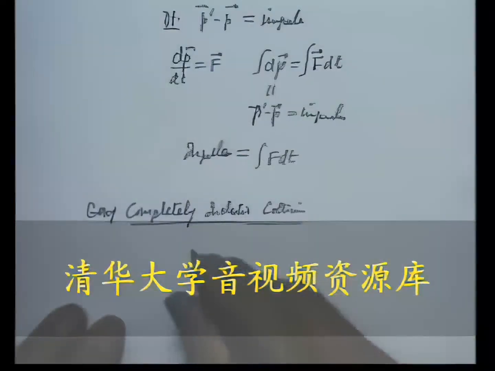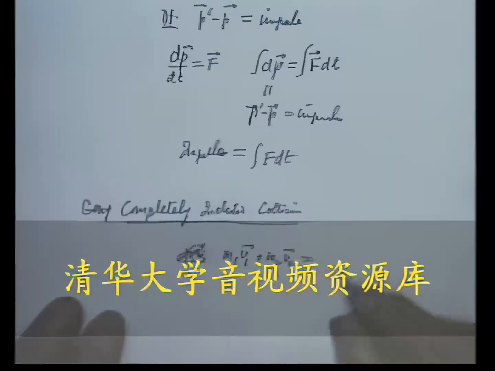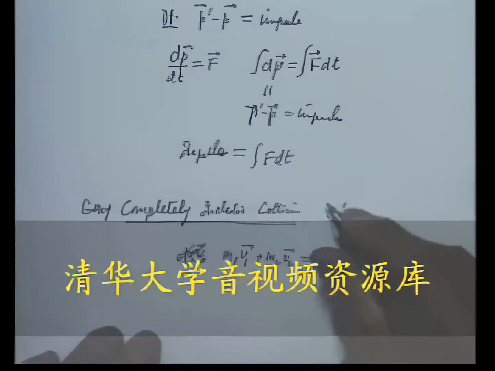So therefore we have m1 v1 plus m2 v2 is equal to (m1 plus m2) times V. In other words, v1 prime is equal to v2 prime.